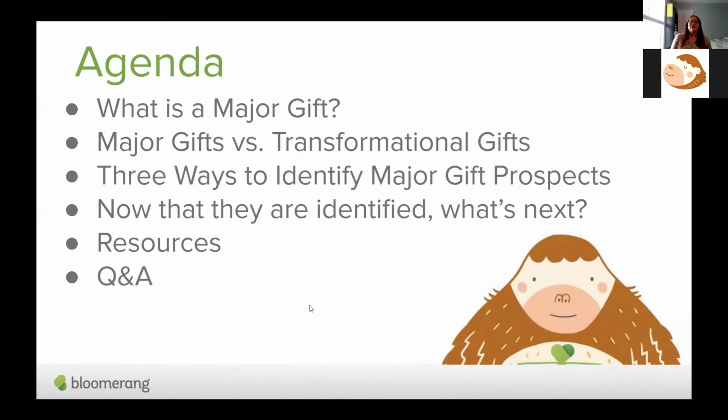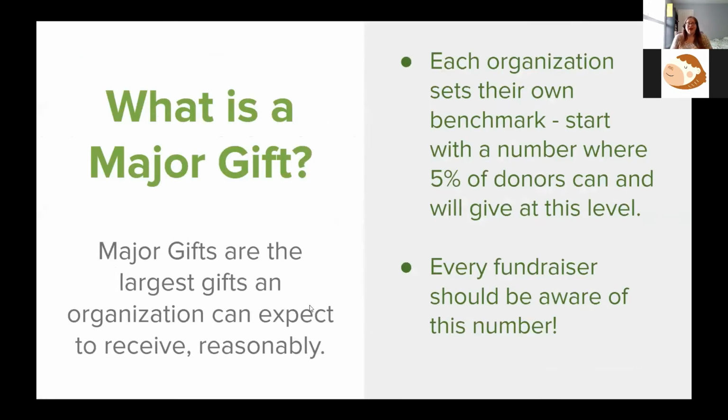So first, what is a major gift? The easiest definition is a major gift is the largest gift an organization can reasonably expect to receive. That word reasonably is important. We'll come back to it. But each organization is going to have a different definition of a major gift.